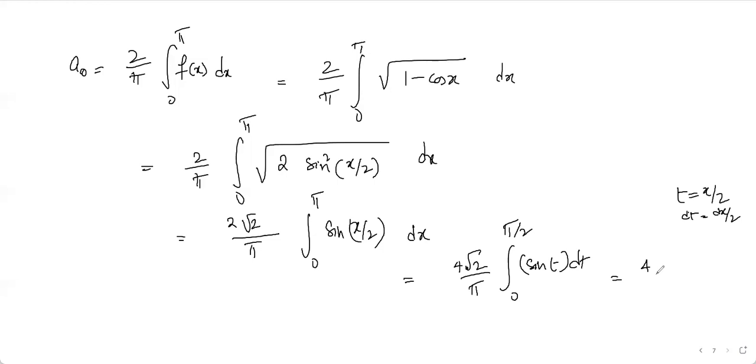After substituting the limits, we get 4 root 2 by pi. This is what you get for a naught.